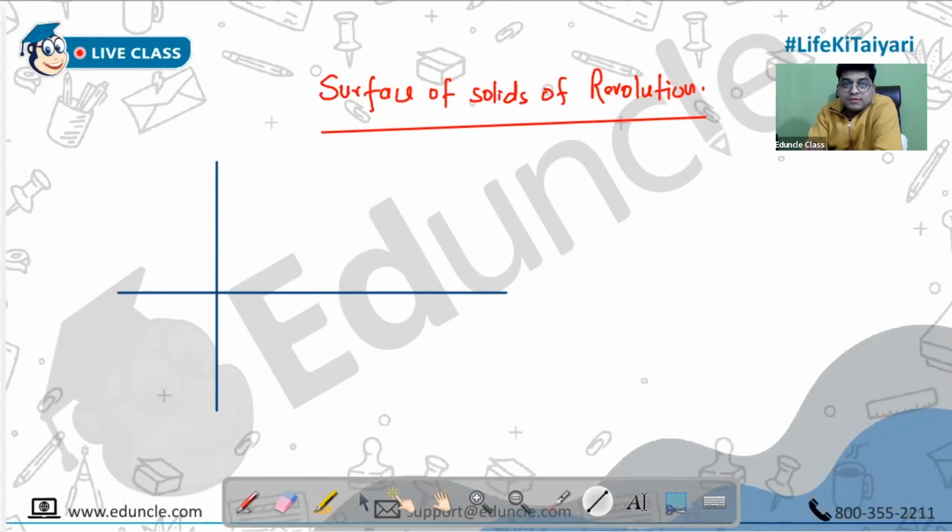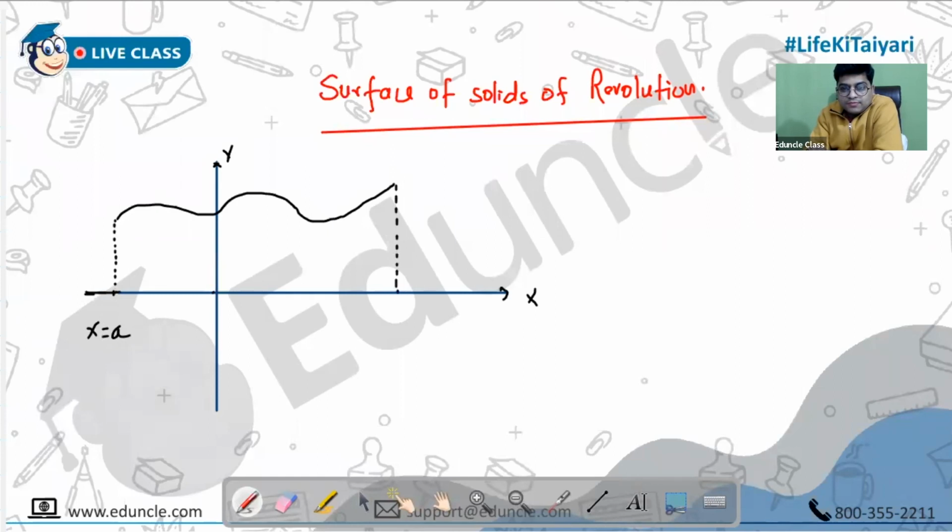Let us consider you have this kind of surface, and you are rotating it about the x-axis. If you rotate this curve about this axis, you are just fixing these two points on this axis. Let us consider x equal to a, and you are fixing this one, x equal to b. When you rotate, you will have this kind of surface.